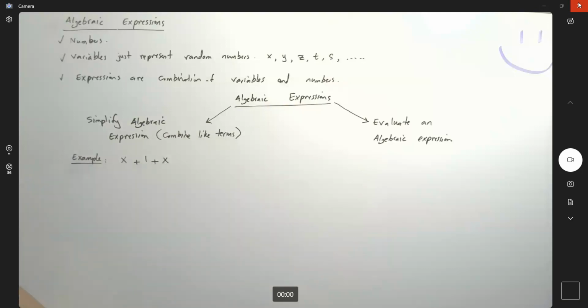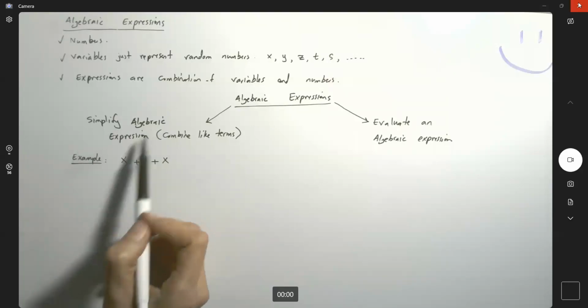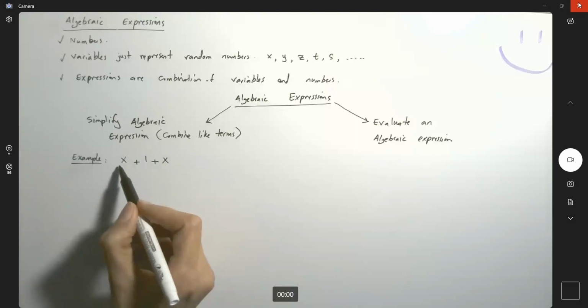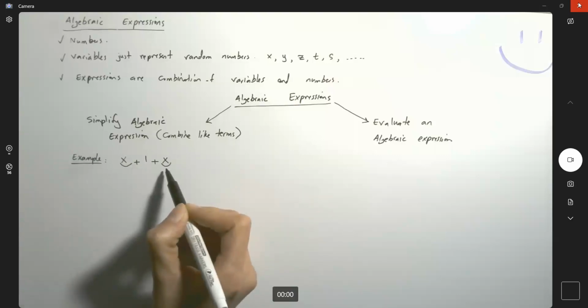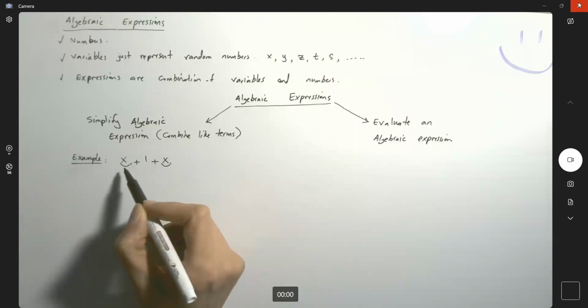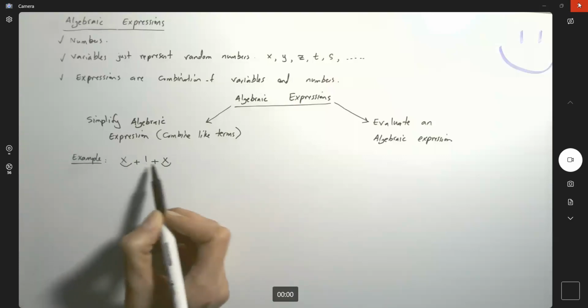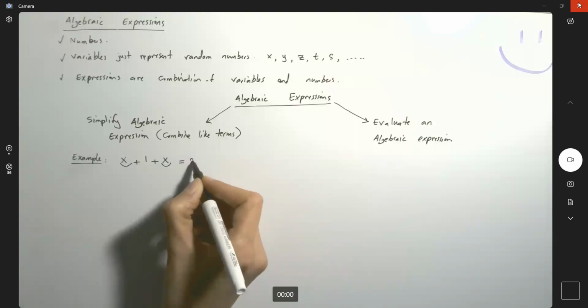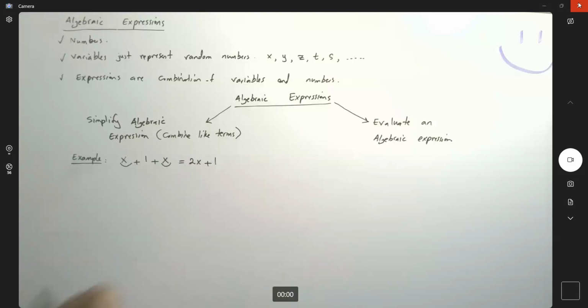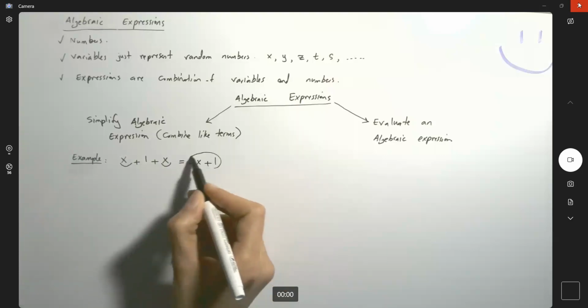This is a very simple algebraic expression. I ask you to simplify it. You're going to say that x and x, both of them are of the same kind, the same variable with the same exponent. This becomes 2x plus 1. This is your final answer.